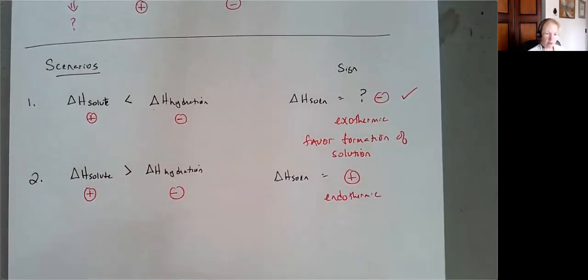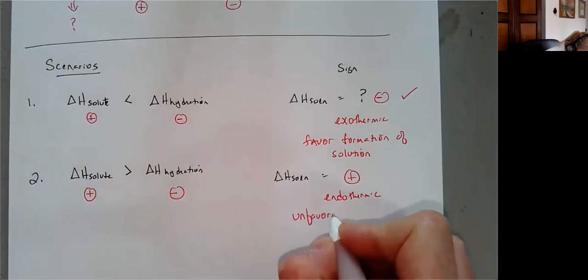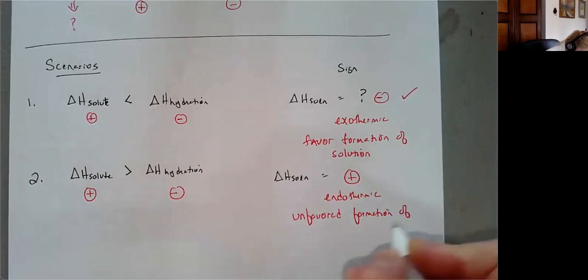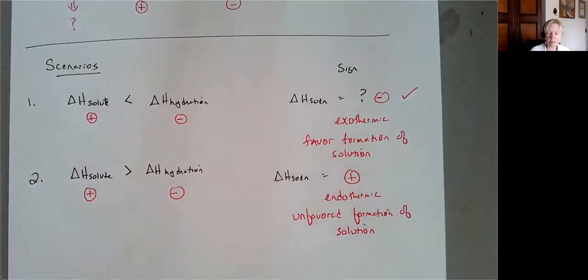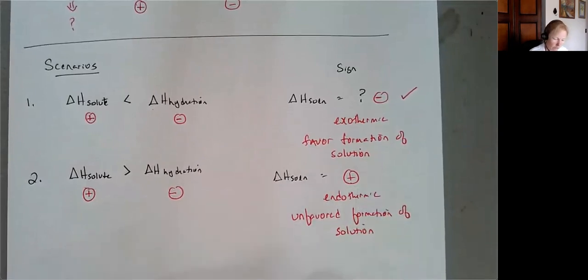If this ionic compound does go into water and dissolve, the container that it's in is going to feel cold because it's going to be absorbing heat from the atmosphere. So this is going to be unfavored formation of solution. Unfavored from an enthalpy standpoint, but still favored from an entropy standpoint. So you can have this be positive and still have your solution form if the entropy is large enough to drive that.